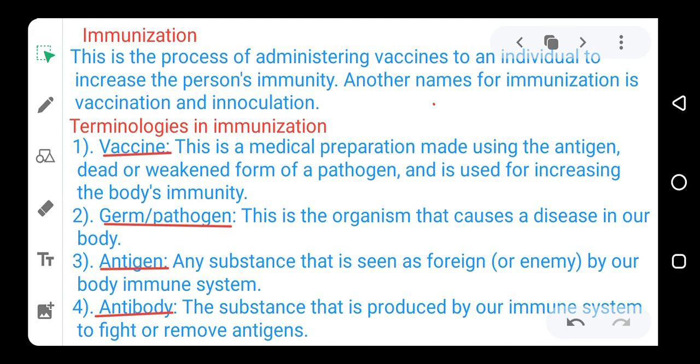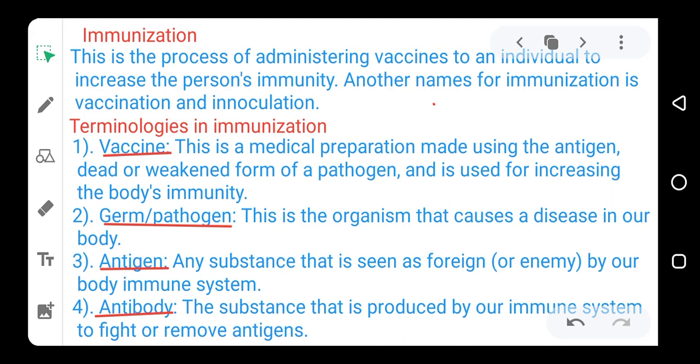So that substance called antigen is what causes the disease. So when we get a small amount of it, we use it to produce a vaccine or a form of a drug that we now put inside our body so that our body will be primed or be informed that this is how the coronavirus looks like. In case the coronavirus comes to your body, you already know that this is how it looks.